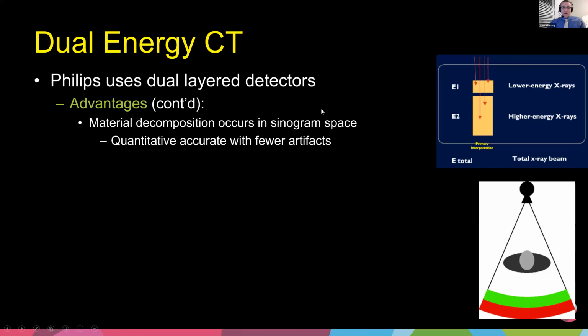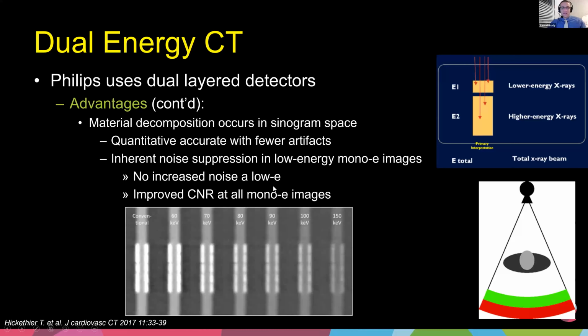All right, so because these are spatially temporally aligned or registered, it's very quantitatively accurate with fewer artifacts, and it has very, very low noise in these images. We haven't talked about the monoenergetic, or mono E, images yet, and we will.